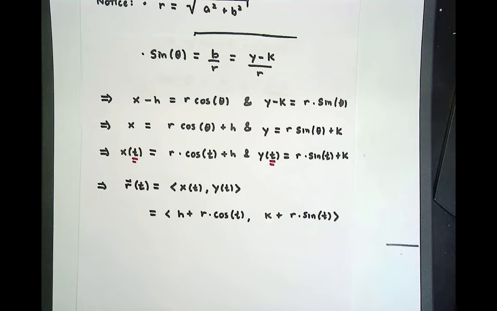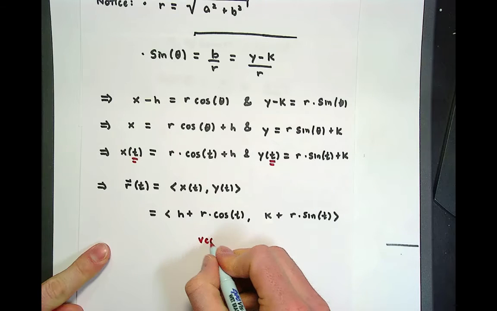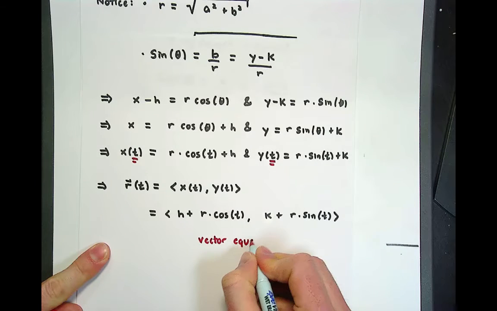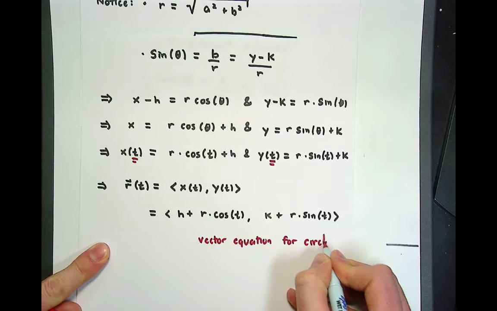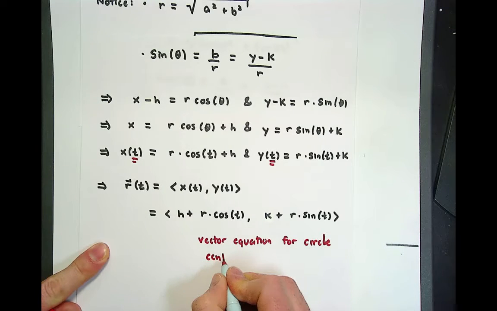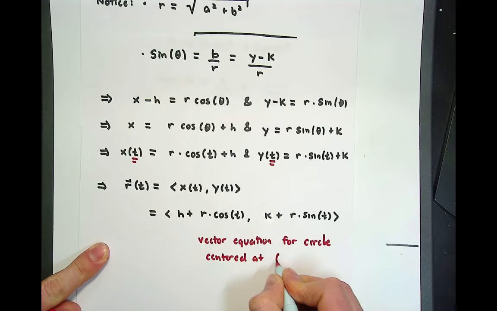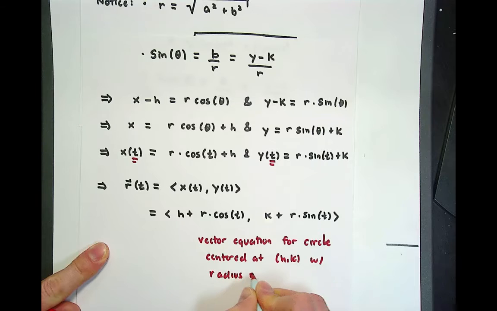So this is what we call the general vector equation for a circle centered at h comma k with radius r.